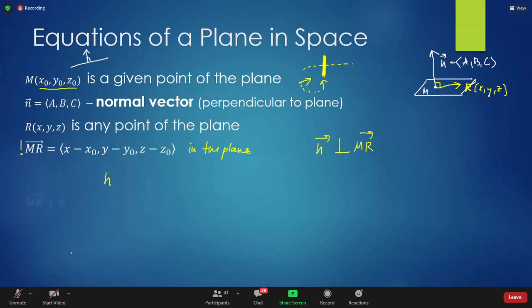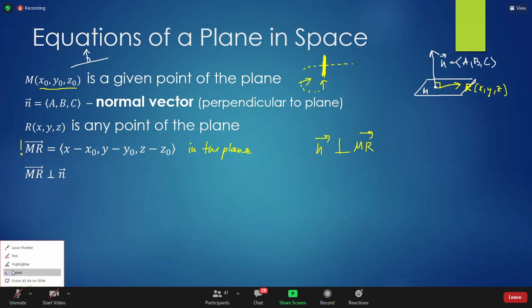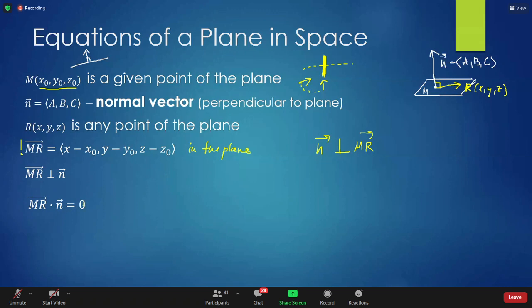Okay, so it has to be perpendicular, which means, now remembering vectors, this means that the scalar product of two vectors must be 0. Remember, two vectors are perpendicular if and only if their scalar product is equal to 0.